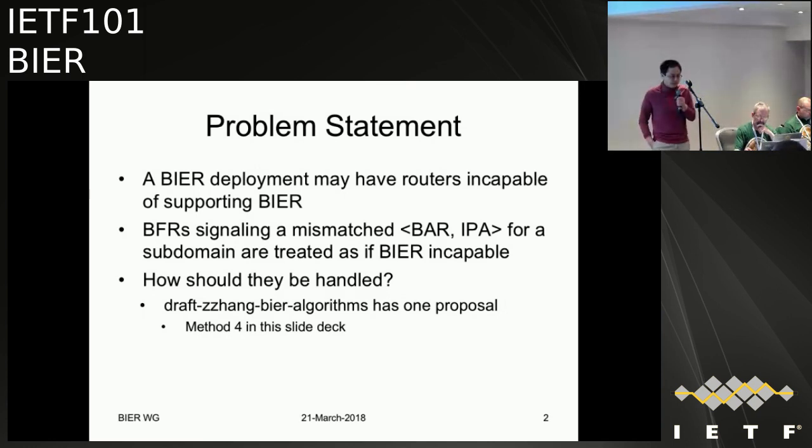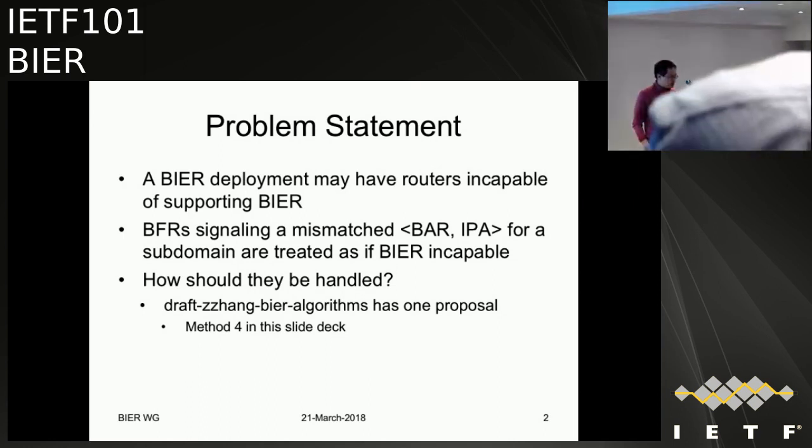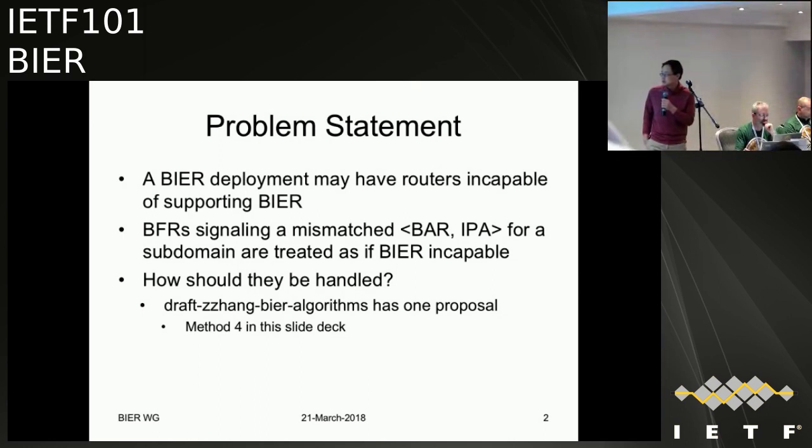Also, in a BIER deployment, you could have routers that cannot support BIER at all. How do you handle those routers? This BIER algorithm draft has one proposal, which is method number 4 in this slide deck. That draft also covers other topics, but in this presentation, I'm only going to focus on this particular problem.